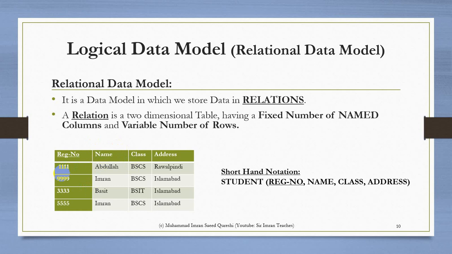One student Abdullah, BSCS, Rawalpindi, and another student Abdullah, BSCS, Rawalpindi, but that student cannot have 1111. His reg number or primary key value will be different, so each row will be different from the other row.